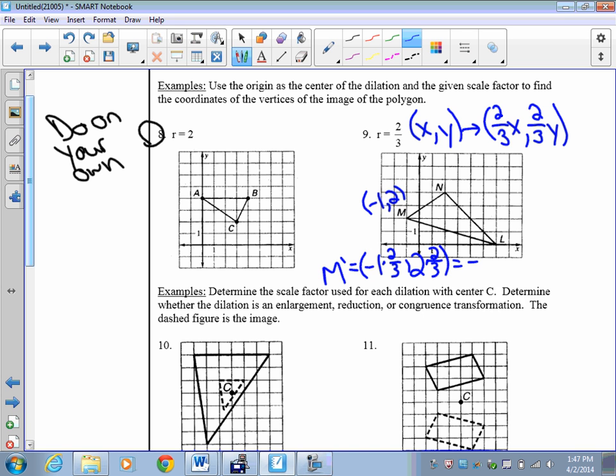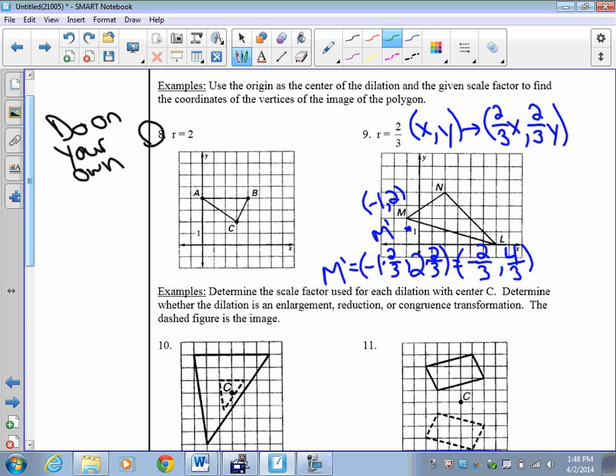So that would be -2/3, 4/3. So -2/3 is almost at -1, and my point's going to be right about there. So there's m prime.